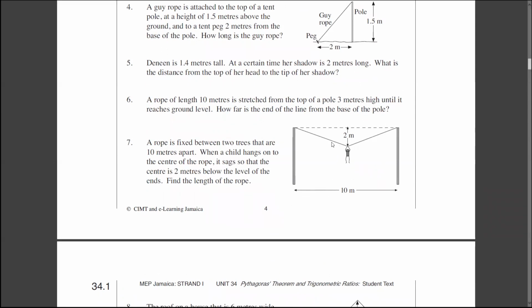If you were to break it up into 2 right angle triangles, then you could say, okay, this is 5 meters here, and another 5 meters here, and you could find a diagonal, which is the hypotenuse here, and whatever you find here would be the same here. So whatever you find here, just multiply it by 2, and that would be the total length of the rope.